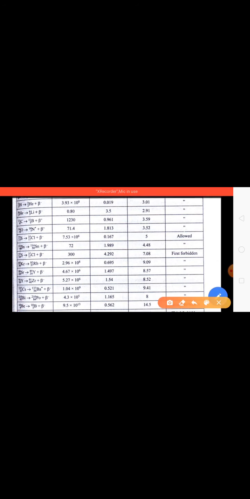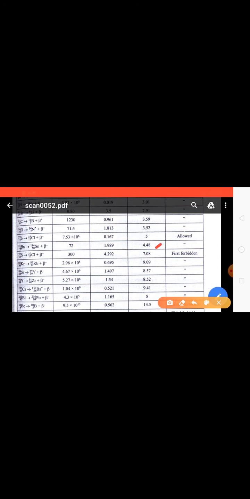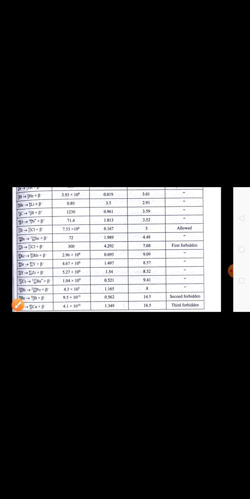This is also an allowed transition. And later from 7.08, you can see the log Ft value between 7 to 9, these constitute the first forbidden transitions. Hence this is first forbidden, this is also first forbidden, and so on.